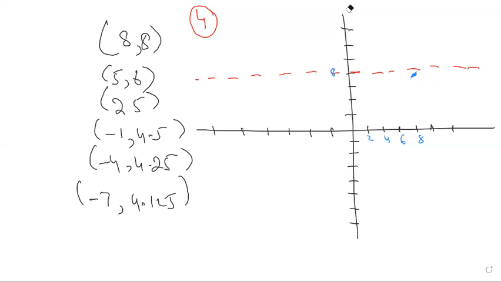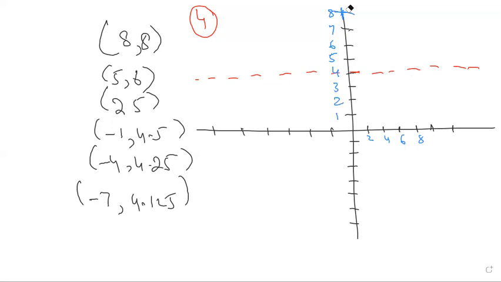That will be more helpful. Instead of giving a gap of 2 on the y-axis, I'm going to give a gap of 1 here. So 1, 2, 3, 4, 5, 6, 7, and 8 will be here somehow. So now my first point will be 8 and 8.